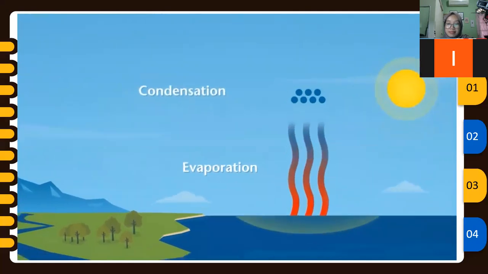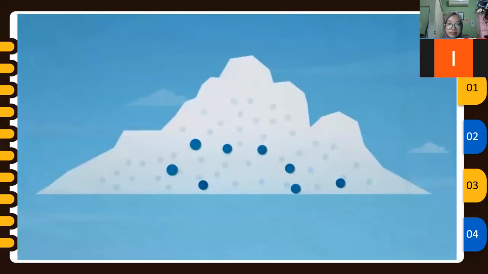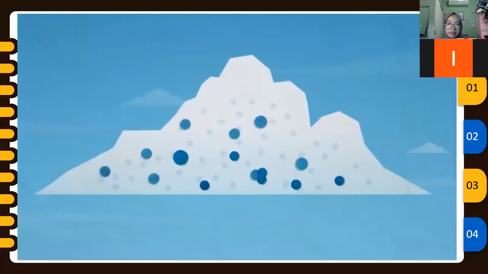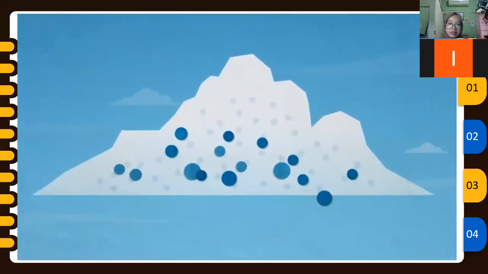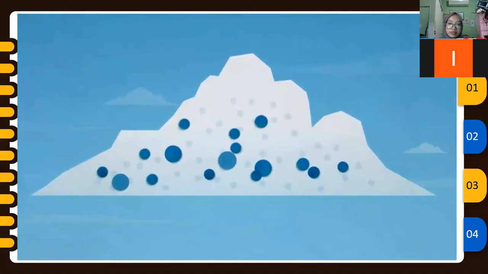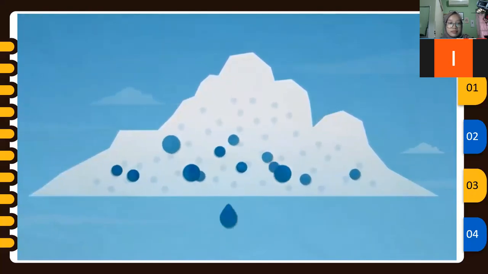Clouds are made up of tiny water droplets, so when condensation occurs in the sky, clouds form and grow. Let's take a closer look. When water droplets bump into one another, they stick together and grow in size. They continue to grow until they are too heavy and fall as rain. They even grow as they bump into one another on their journey from the cloud to the ground.